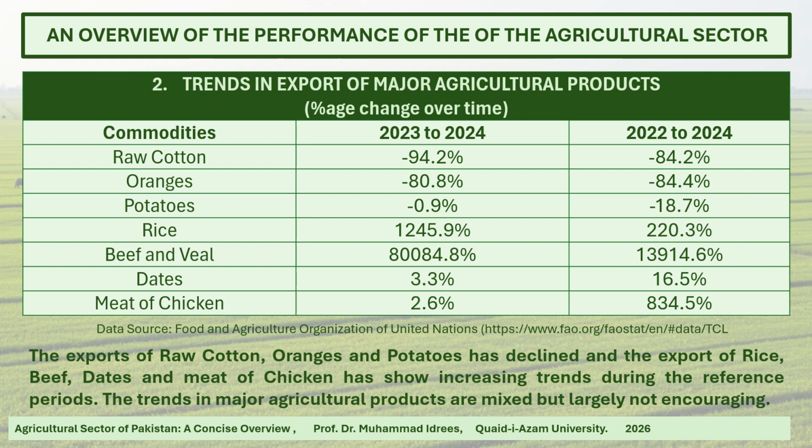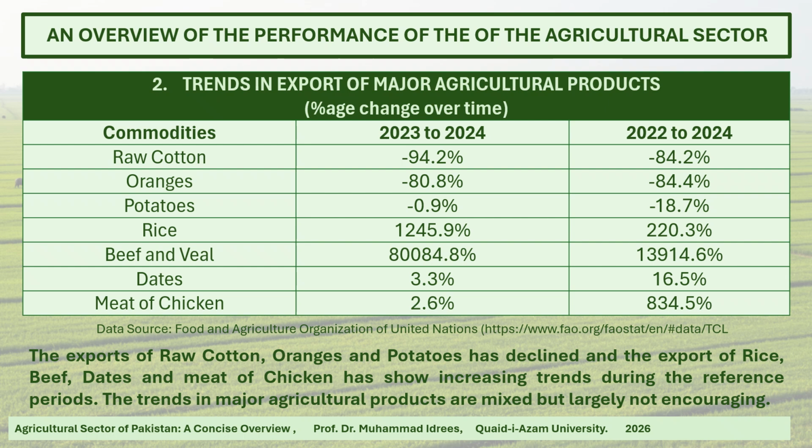The export of raw cotton, oranges and potatoes has declined, and the export of rice, beef, dates and meat of chicken has shown increasing trends during the reference period.